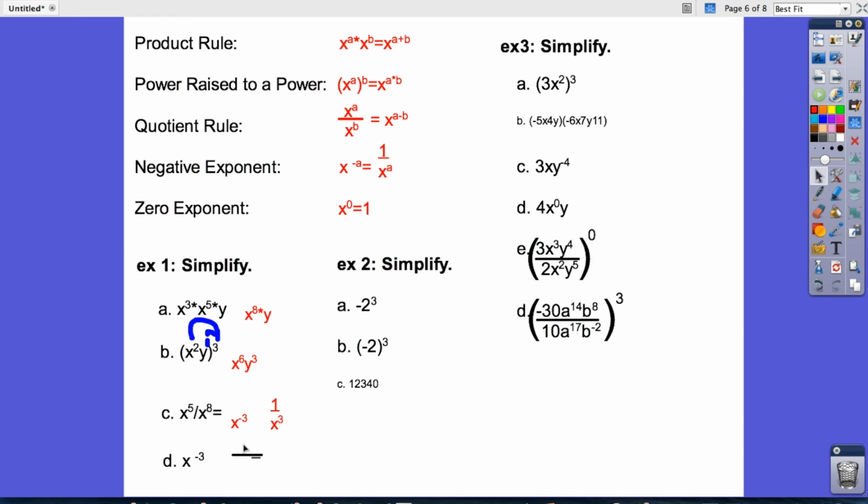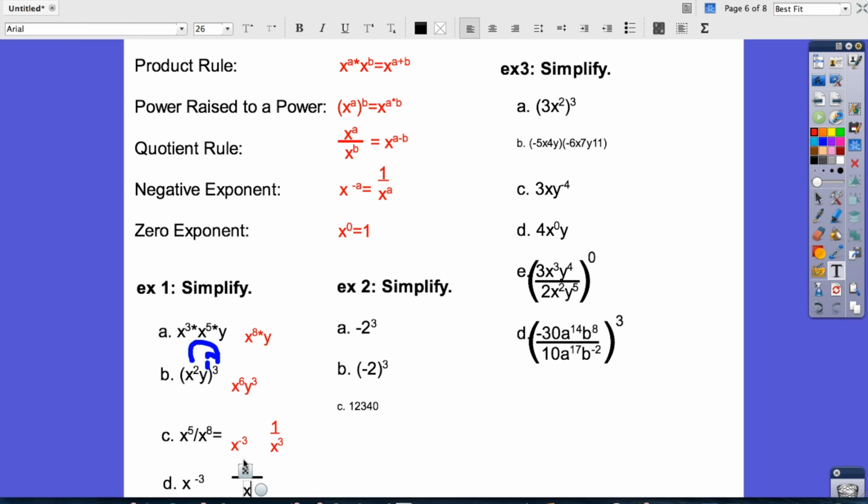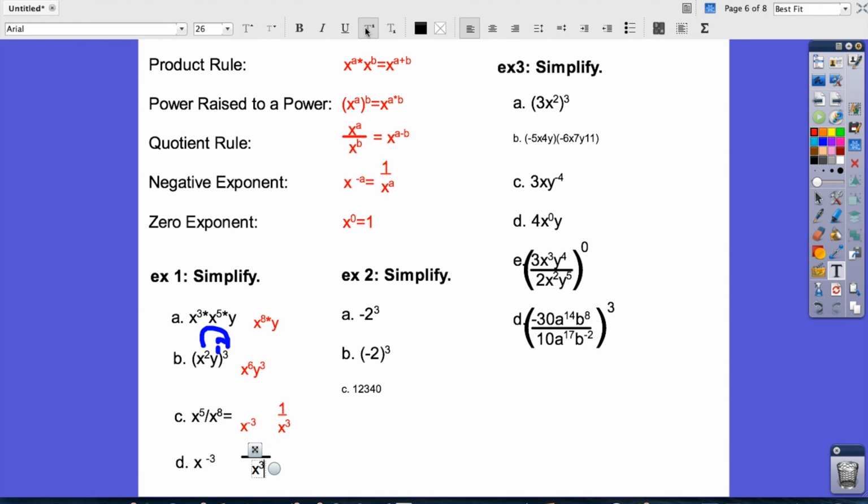Then you go through each variable and determine whether or not it stays or moves. Because the x exponent is negative, that means it moves. So that means this is x to the third power. Notice we moved it from the numerator to the denominator. And because you have to have something in the numerator, we just put 1. So that would be your simplified answer.